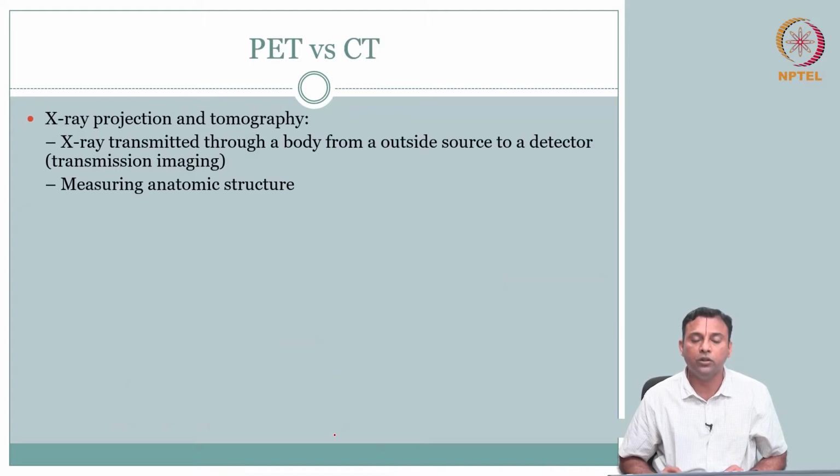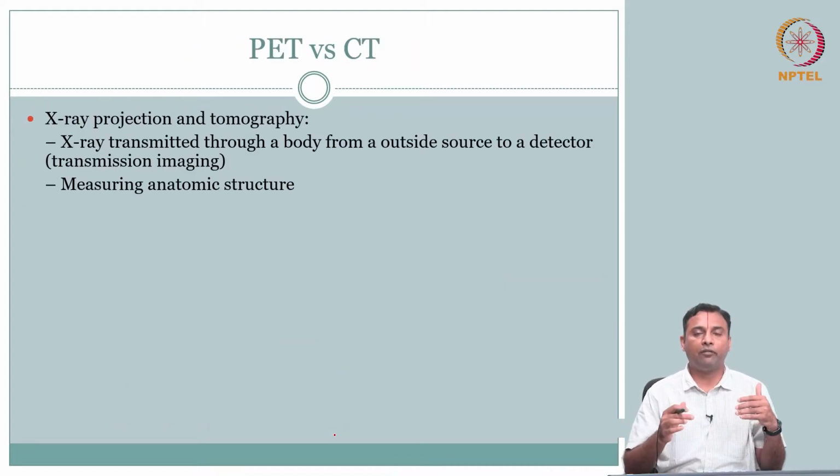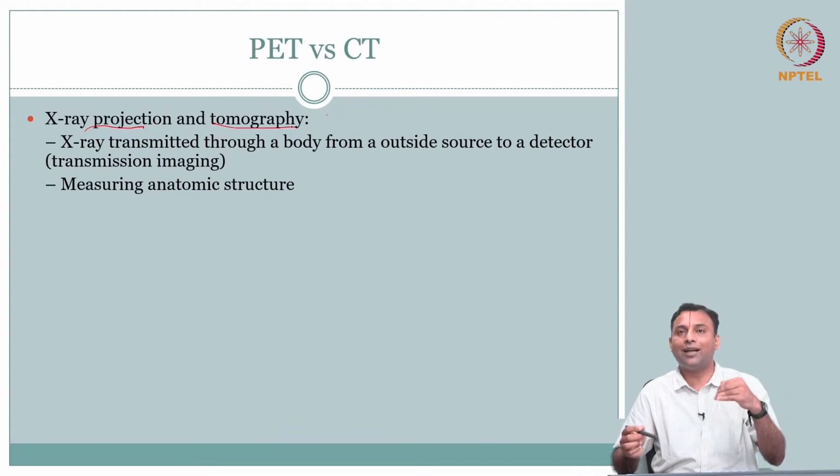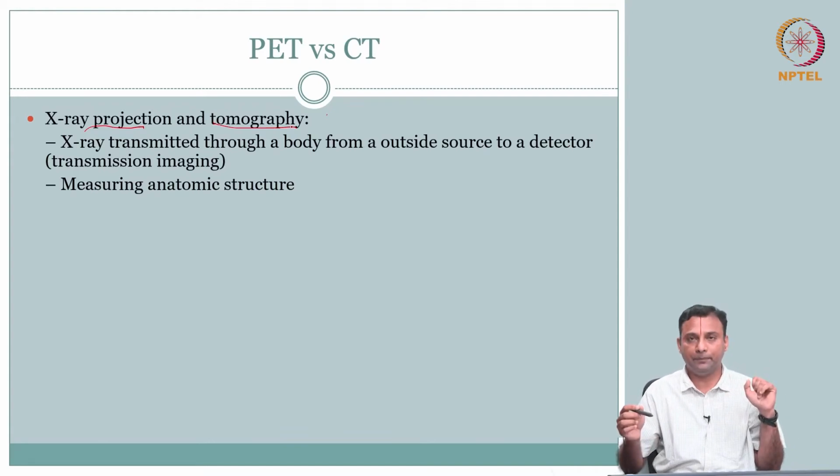Just to relate it to what we have covered so far, or what you know from X-ray CT, where are the differences? In projection radiography and tomography, that was a through transmission image, that is the key.